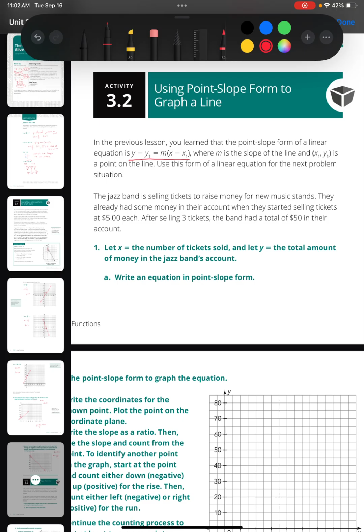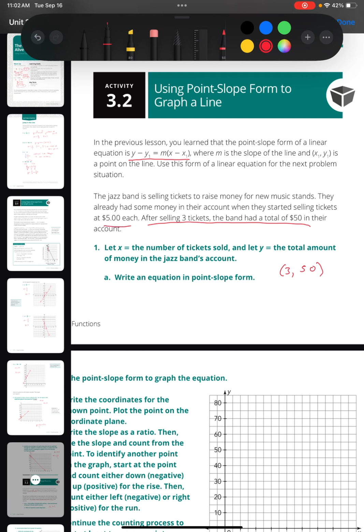So we're going to write an equation from this situation in point slope form. It says the jazz band is selling tickets to raise money for new music. They already had some money in their bank account when they started selling tickets at $5 each. After selling 3 tickets, the band had a total of $50. Well, there's our point. After 3 tickets, they had $50.